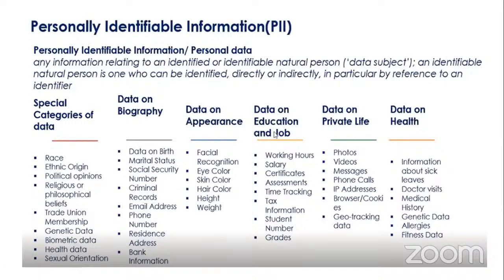For example, in the special category data, we have race, ethnic origin, and political opinions. The reason I group them under the special category of data is because people can use them against you, or people can use them to purport to be you.